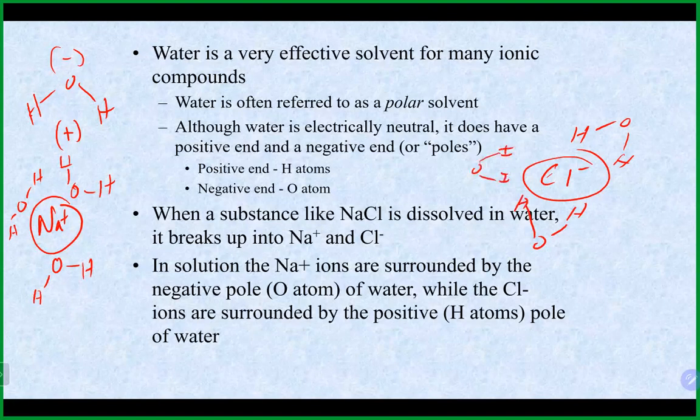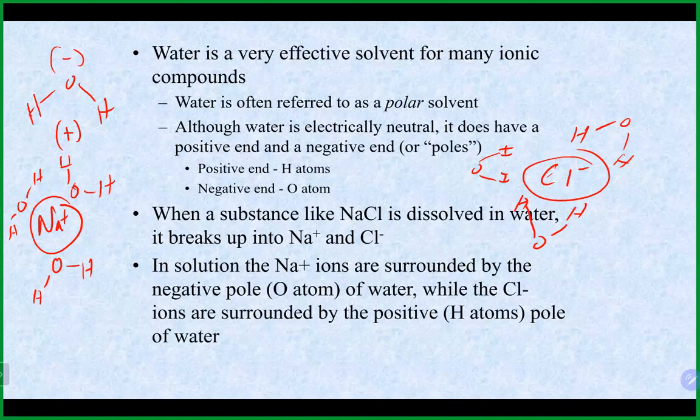So this is really those intermolecular attractions or forces that we were talking about in the previous chapter. This is sometimes referred to as ion dipole interaction. Ion because sodium and chloride are ions, and dipole because water is a polar molecule that has a dipole moment. So that helps them dissolve and interact really well in that process.